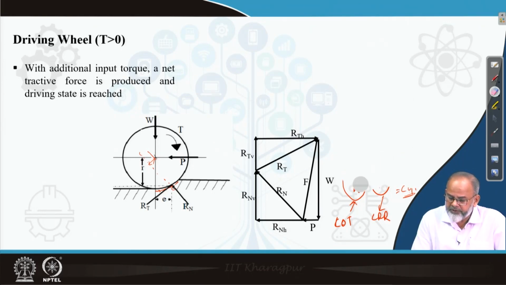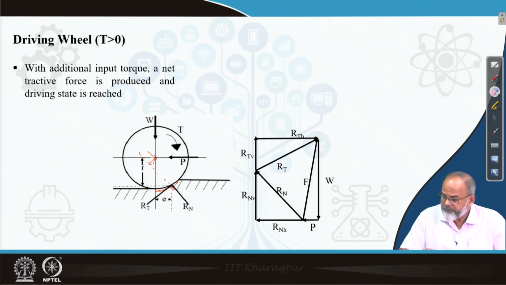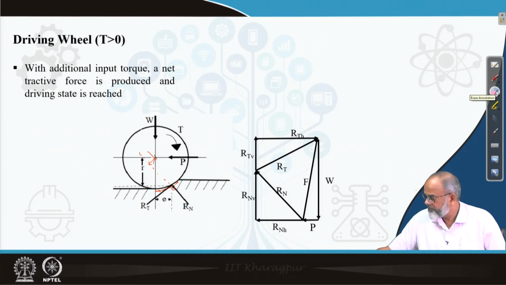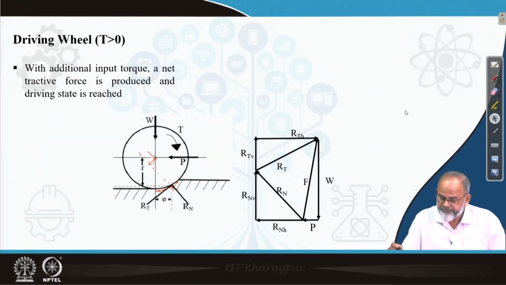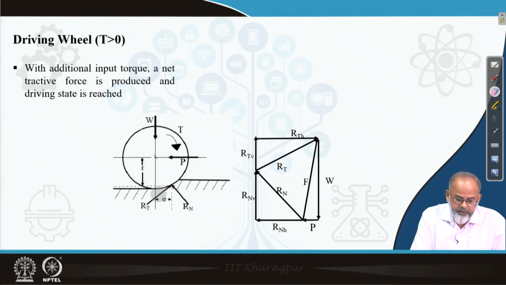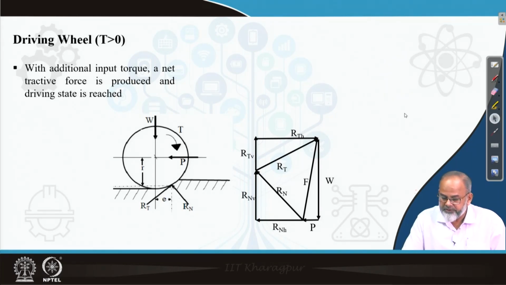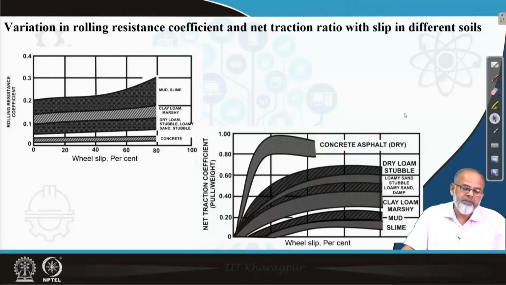As we discussed, the performance parameters are the coefficient of traction, coefficient of gross traction, coefficient of tractive efficiency, then power delivery efficiency. These are the performance parameters. So now we'll see how the coefficient of rolling resistance varies with wheel slip.